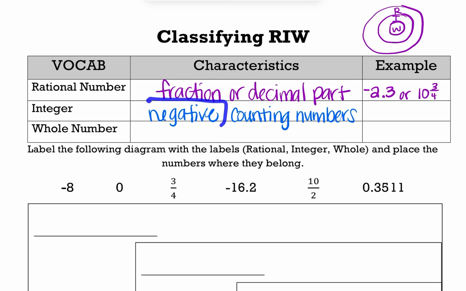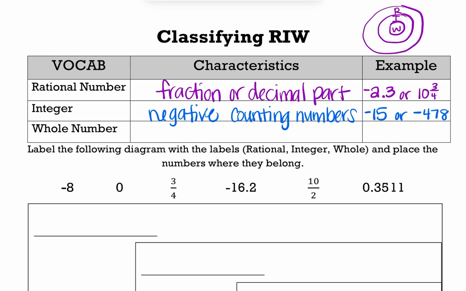So these are negatives, but they are negative counting numbers, -1, -2, -3, numbers that you can count on your fingers. Examples of that might be -15, or we might say -478.